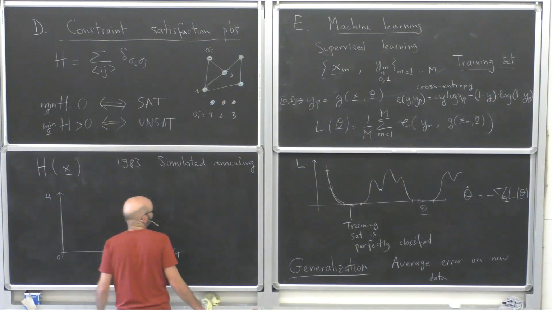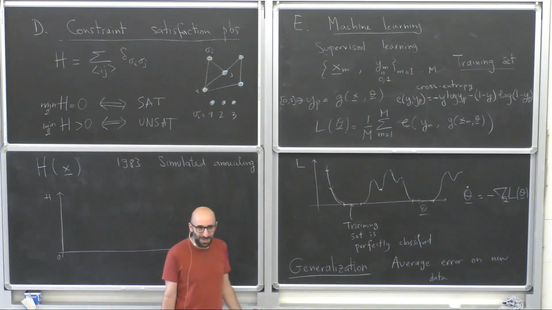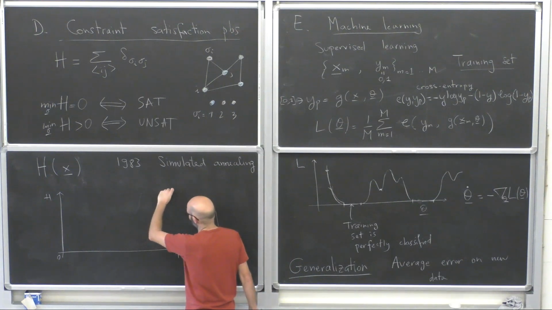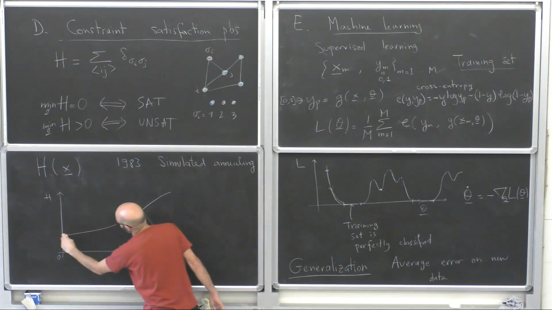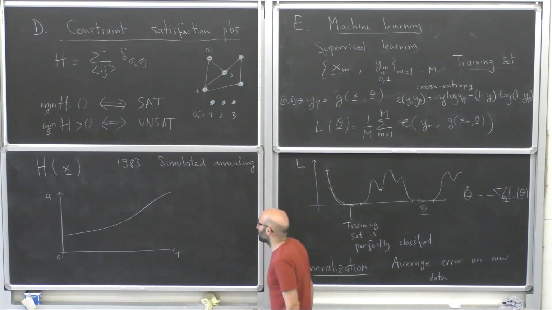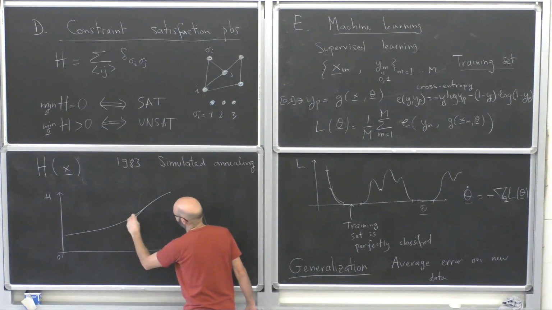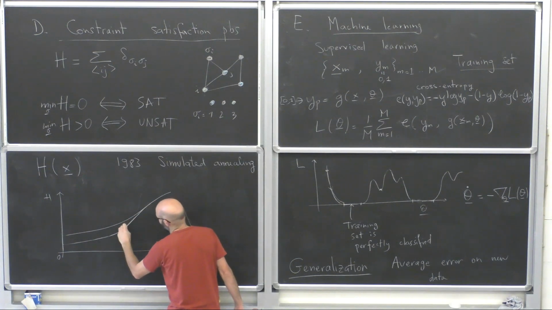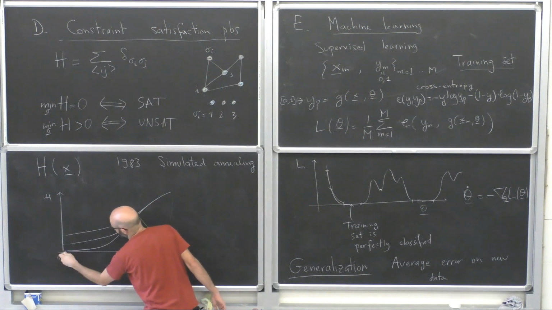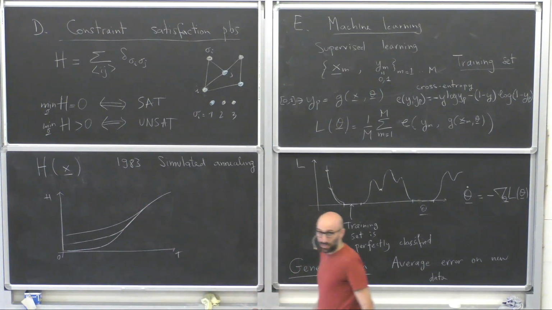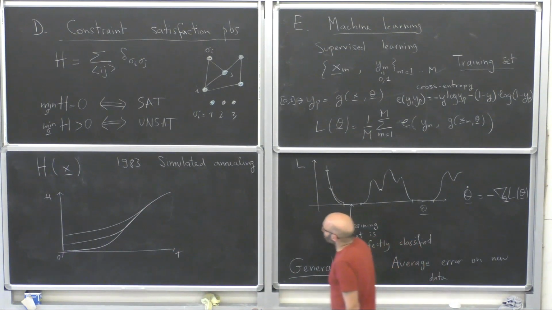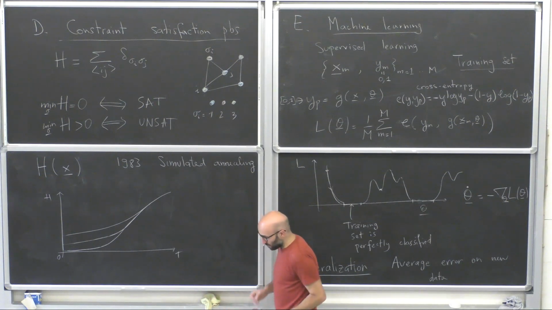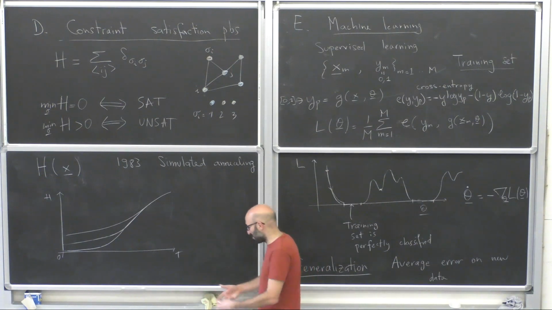The idea was basically to take inspiration from glasses. In glasses, what we do is we start at high temperature and then we go down at a certain speed. And we know that if we go slower, we can go lower. If we go even slower, we can go even lower. Can we reach the ground state or not? So the idea of simulated annealing was to do in the computer what nature does when you cool a glass.